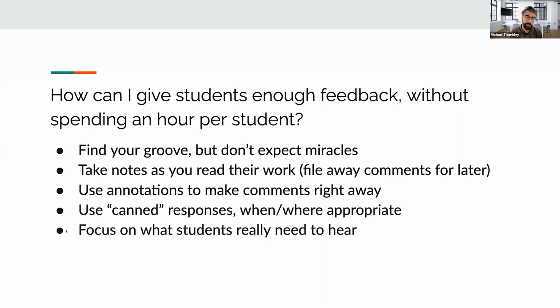And then this might be the most important one. It's just to focus on what students really need to hear. We are not, as instructors, proofreaders for students. And so we shouldn't feel the responsibility to identify every single missed comma or need for correction that might fall under the paper.